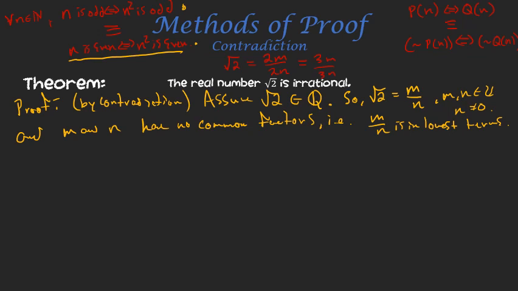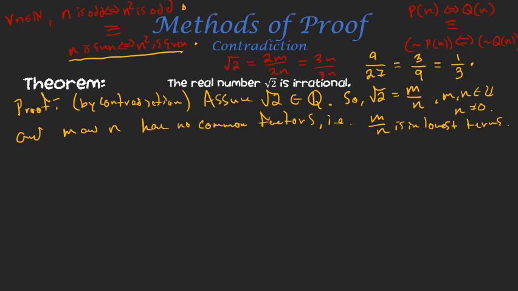We can do this with a fraction like 9 over 27. If m was 9 and n was 27, well, I'd cancel off a factor of 3 on top and bottom and write this as 3 over 9, and then I'd cancel off another factor of 3 and I'd get 1 over 3, and then I'd stop. The thing you have to sort of believe me on here is that no matter what fraction I give you, you can cancel off common factors until you get to a point where they're in lowest terms.